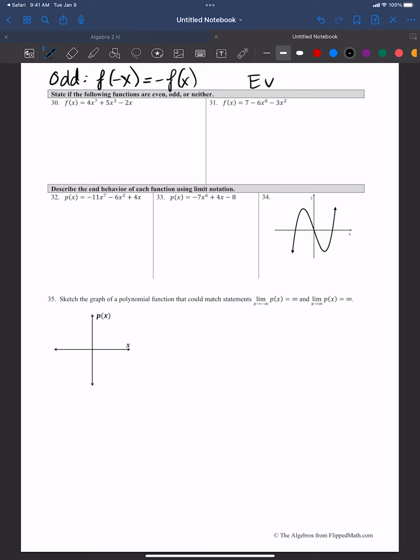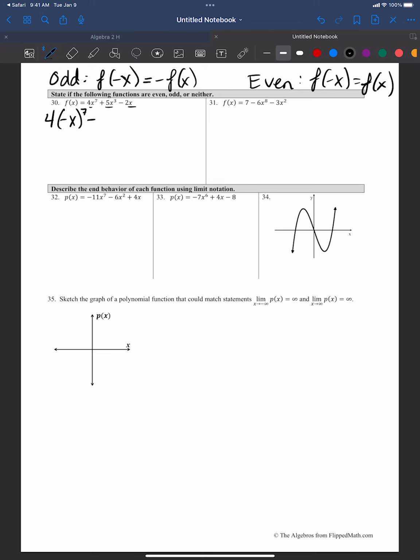And if it is an even function, the inverse of it should be the same as the original. Okay, so if I replace every single x with negative x, if this is even, I'll get the exact same function. If it is odd, then I will not get the same function. I will get the function if I multiplied everything by -1.